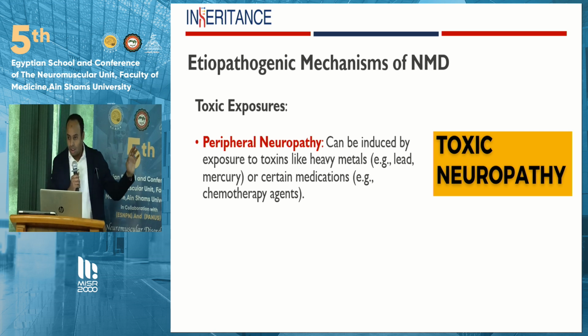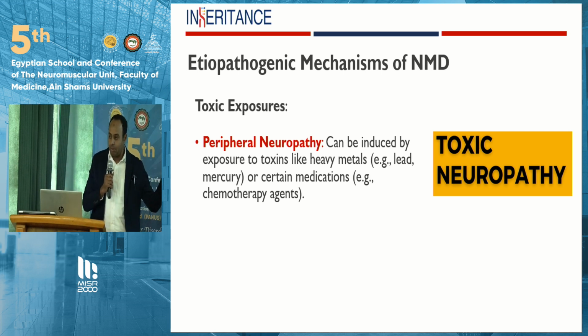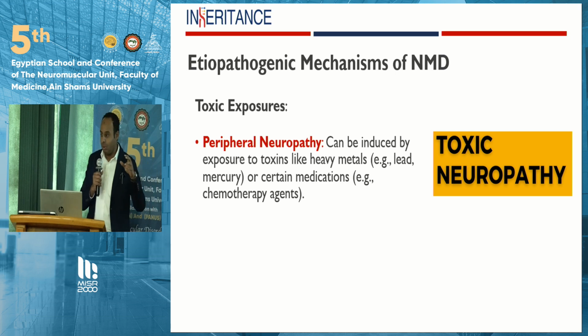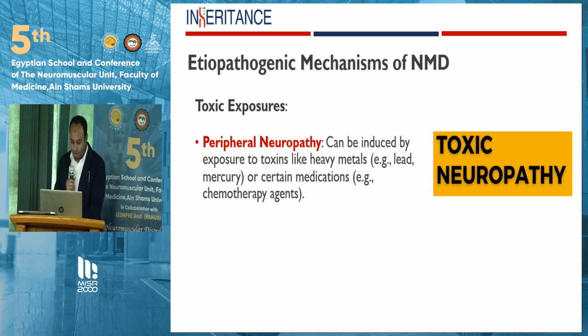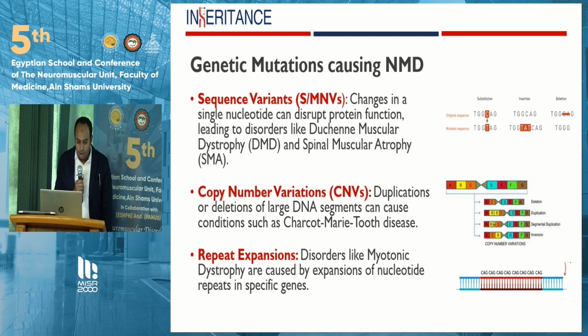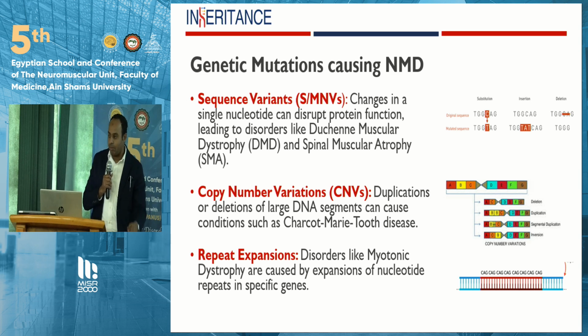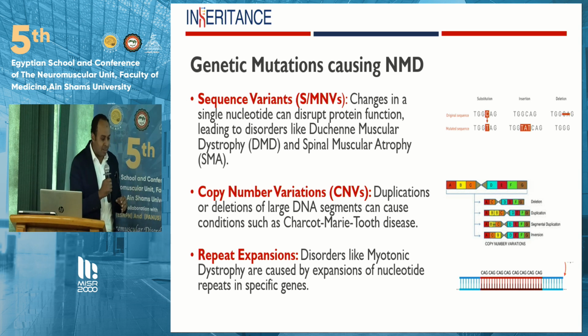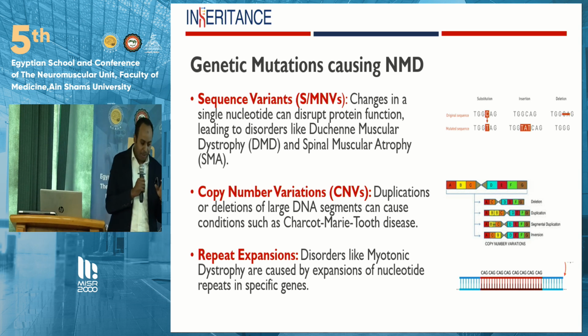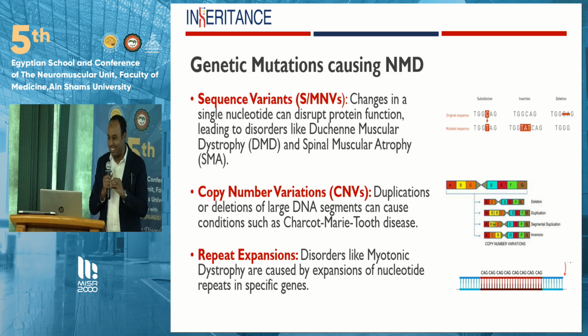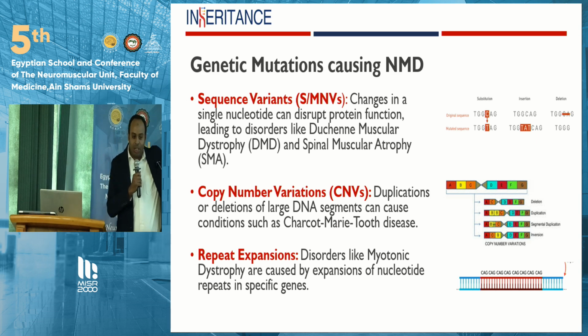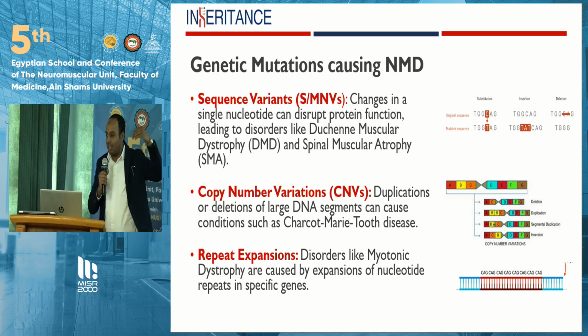And there is a good portion coming from toxicity from what we are exposed to. So coming again to genetic mutations, we can separate them into 3 main categories to make our lives easy. The first is sequence variants: if it is a single variant or multiple variants, it is a sequence variant.